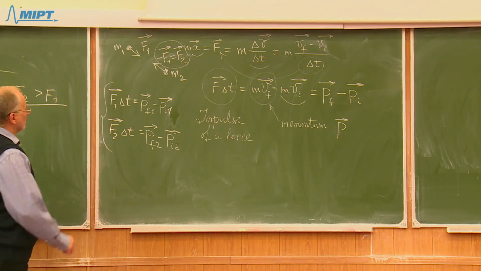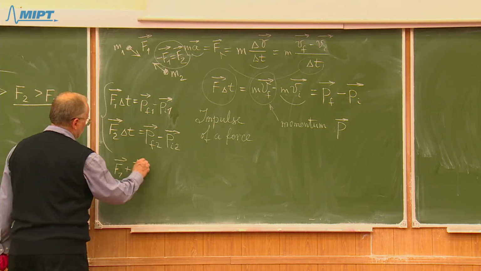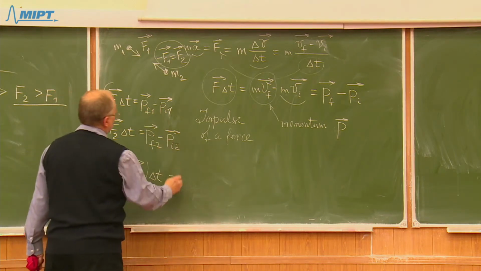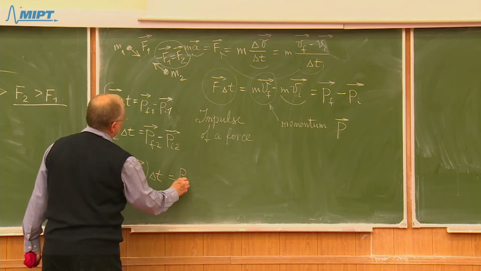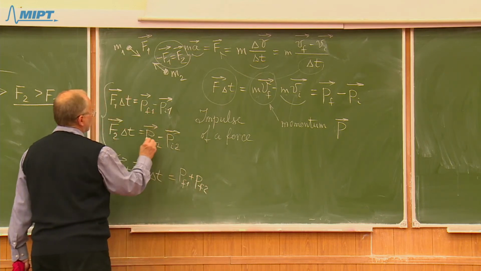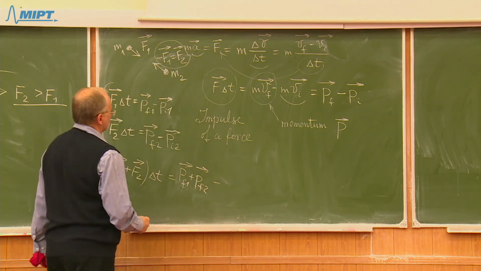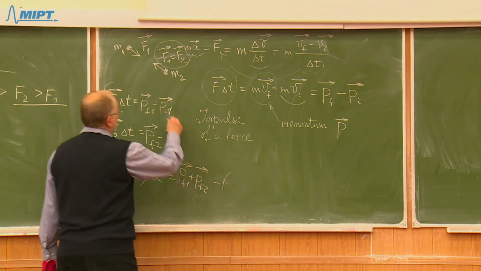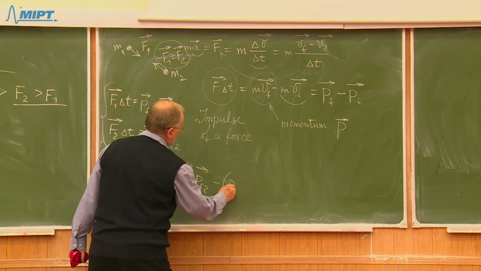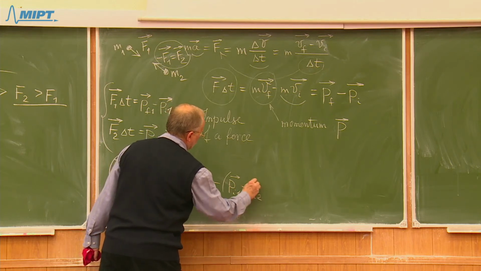Adding these two equations, we will obtain F1 plus F2 times delta t equals final momentum of the first particle plus final momentum of the second particle, minus, I will put it in round brackets, initial momentum of the first particle and initial momentum of the second particle.